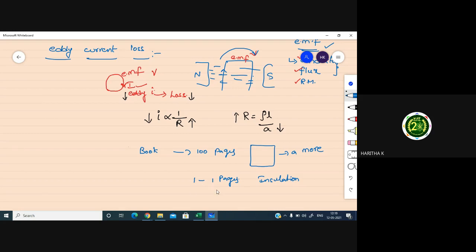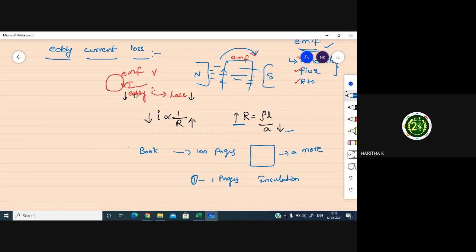I'm just giving an example. So if the current is not flowing from one page to another page, the current will circulate in that page only. That means the area of cross section of a single page is very less compared to the 100 pages. If 100 pages are stuck together, then the area of cross section is more. If you separate all the pages, then the area of cross section is less. If the area of cross section is less, then the resistance will be increased. Thereby the current will decrease.